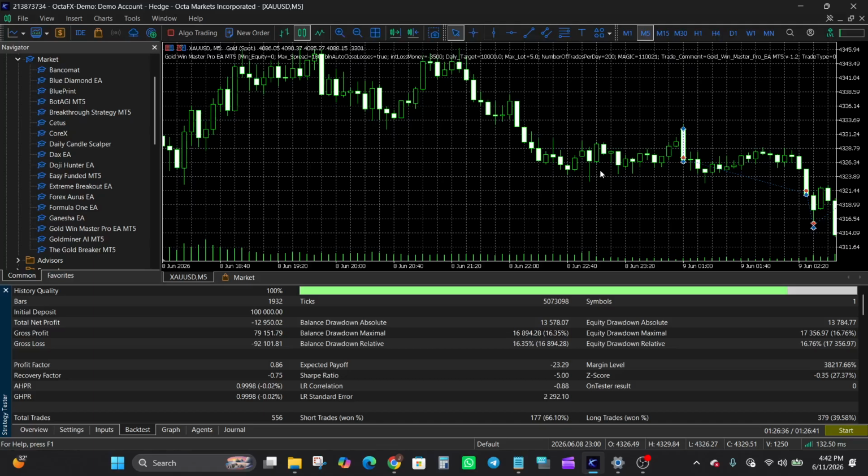Overall, this is a structured, goal-focused EA designed around XAUUSD, and traders should remember that past performance does not guarantee future results.